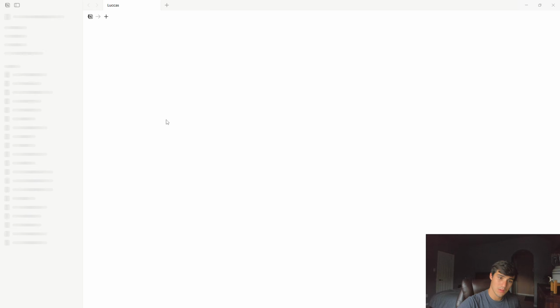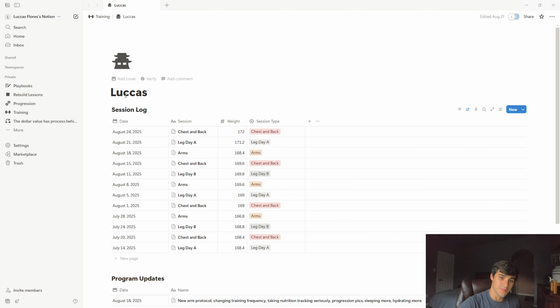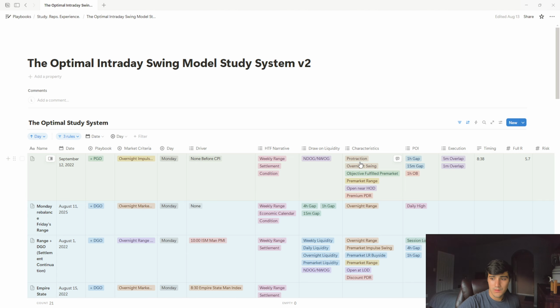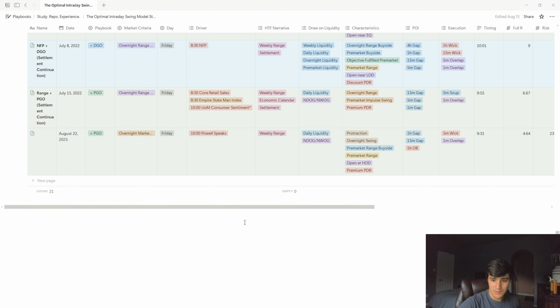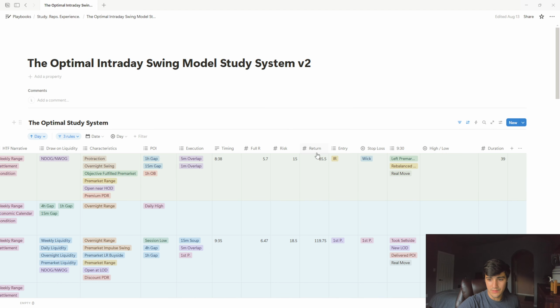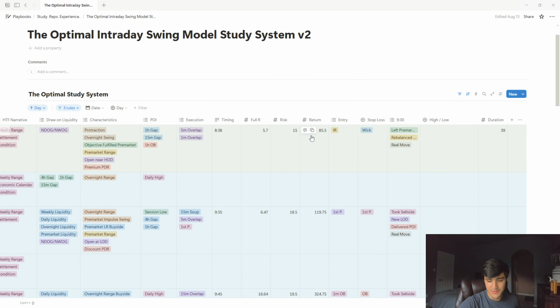If I pull this up real quick, this is my weight training process. Here we go. So if you look at the full R on this trade, look at the return that my model just consistently offers.